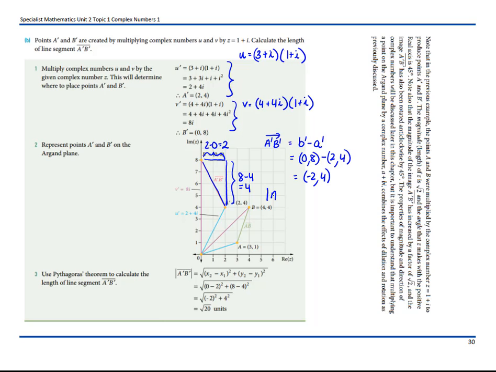And then to find the length of that would be the square root of negative 2 all squared plus 4 squared, which is the square root of 4 plus 16, which is the square root of 20. And that's units.